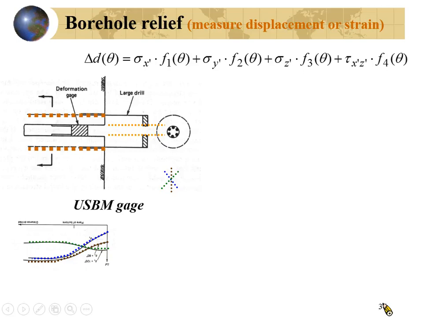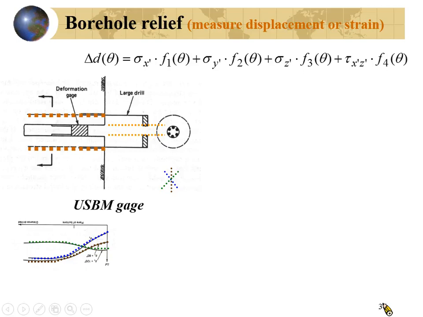Okay? If this measurement is nearby the tunnel wall, very close to the tunnel wall, then you will measure this, and this, like I introduced for the surface relief. Okay?